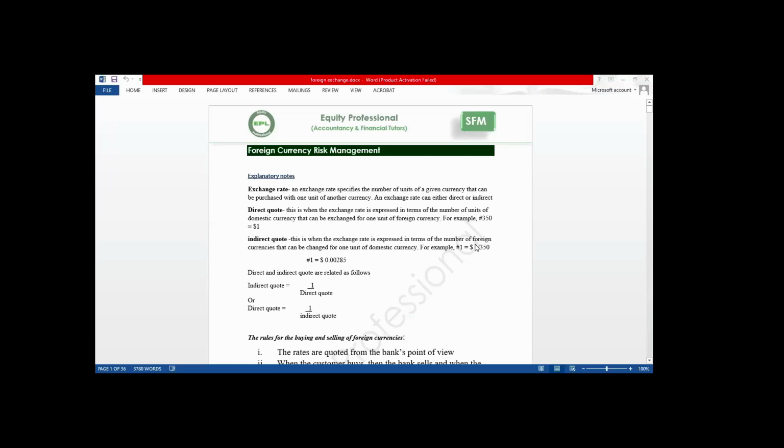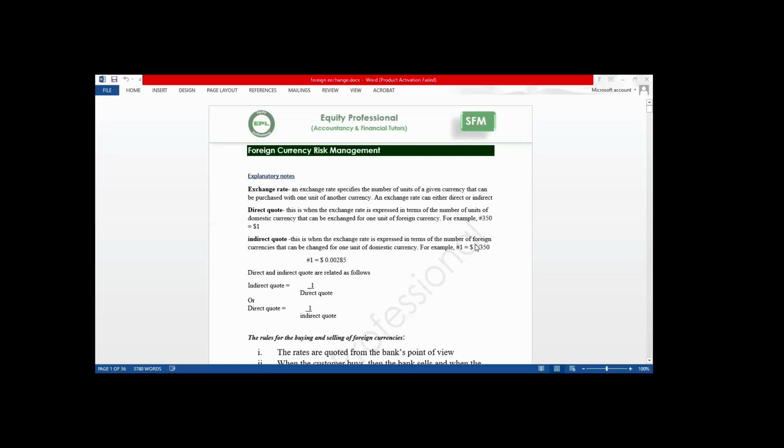That implies that there must be an exchange rate at which the local currency will be converted to the foreign currency.